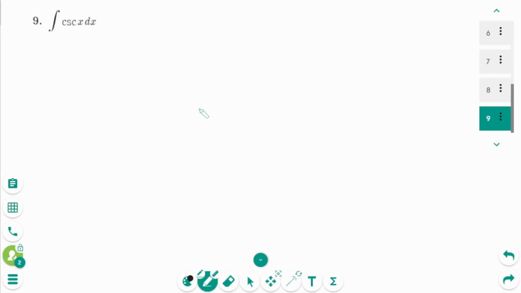This one is the last one. Integrating cosecant x is the same as integrating secant x.